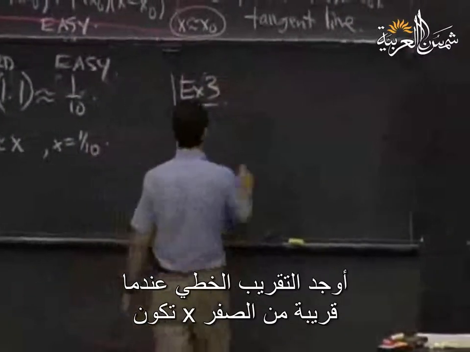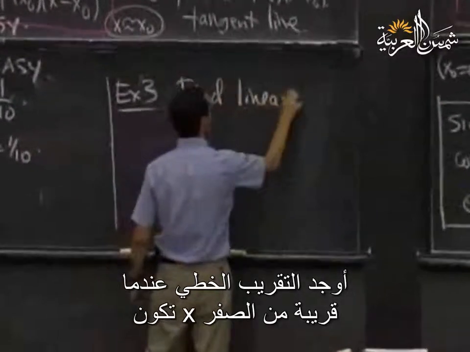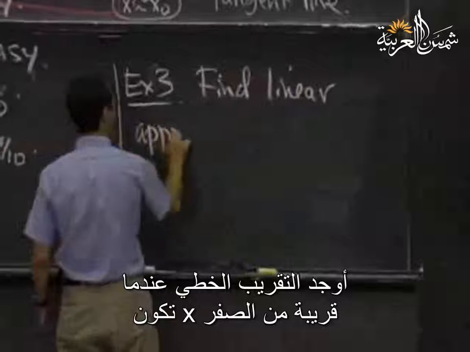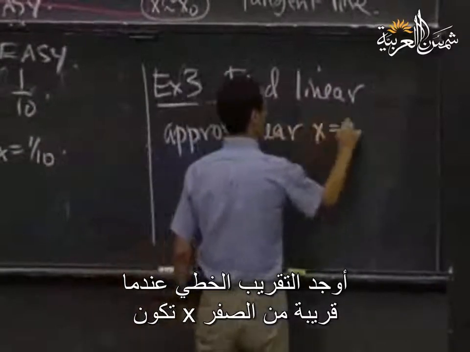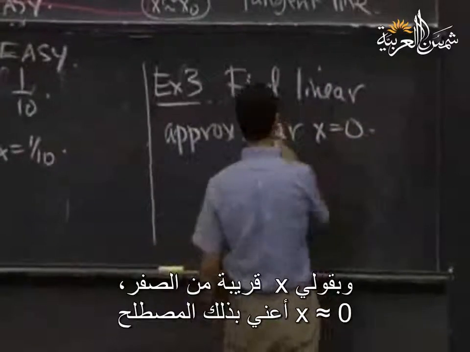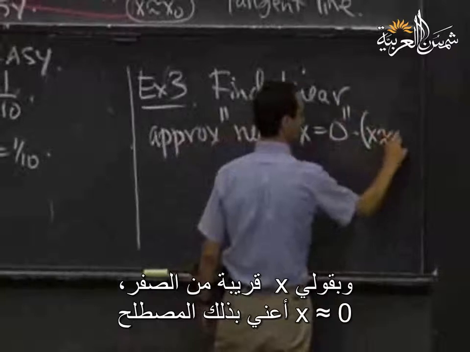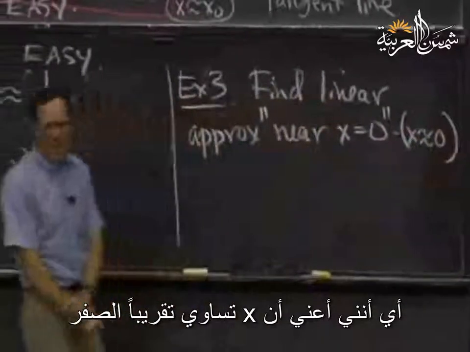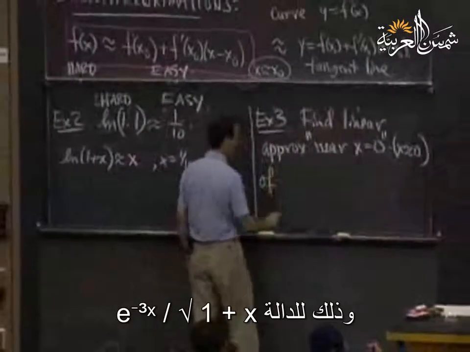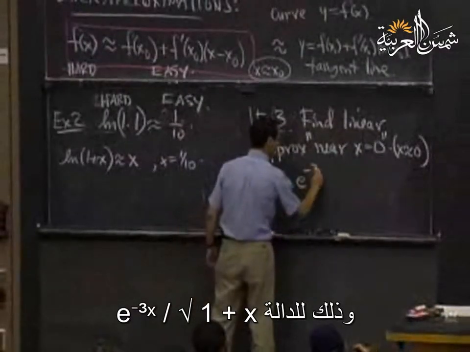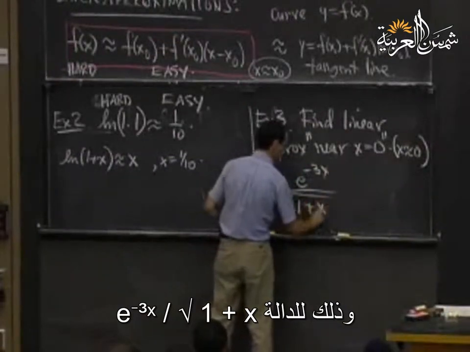I want to find the linear approximation near x equals 0. When I write near x equals 0, that's the same thing as saying x is approximately 0, all right? Of the function e to the minus 3x divided by square root 1 plus x.